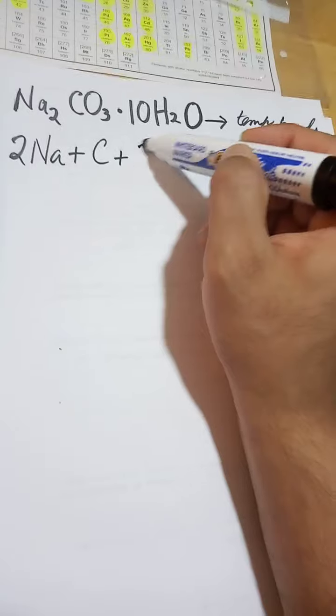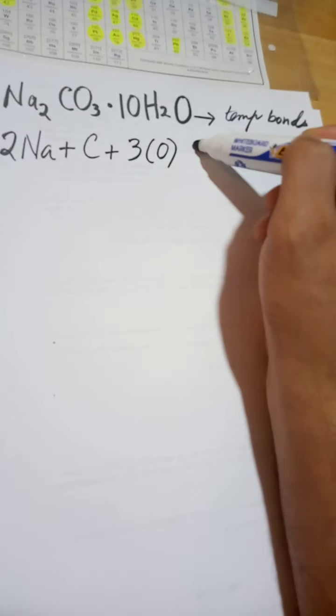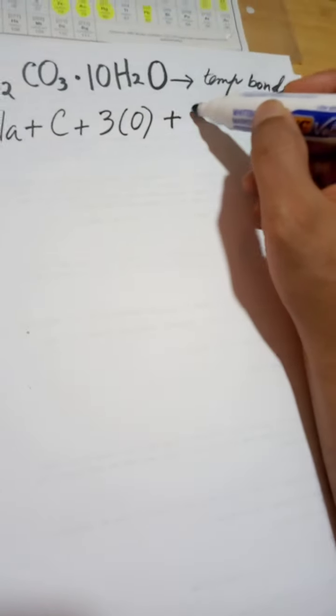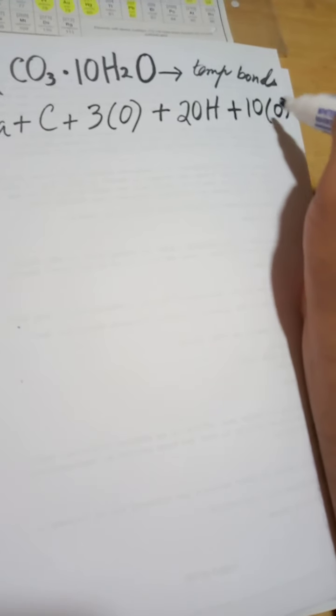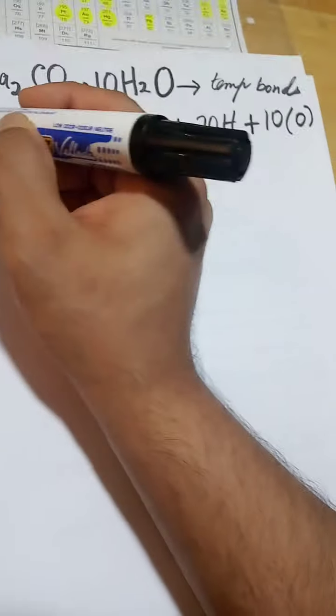So these are temporary bond formations. So we've got 2 atoms of sodium, 1 atom of carbon, 3 atoms of oxygen, and 20 atoms of hydrogen, and 10 atoms of oxygen. So now we further simplify it.